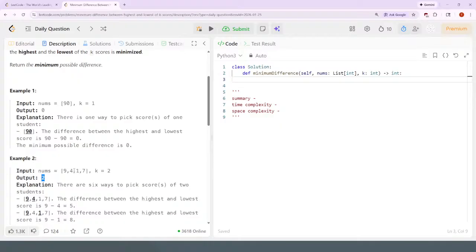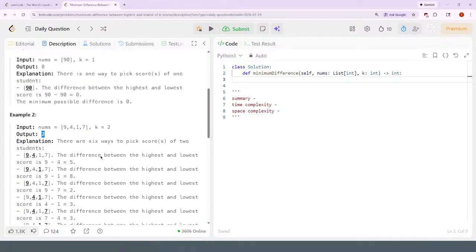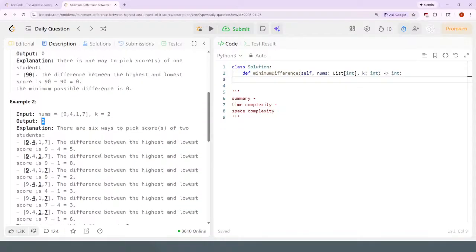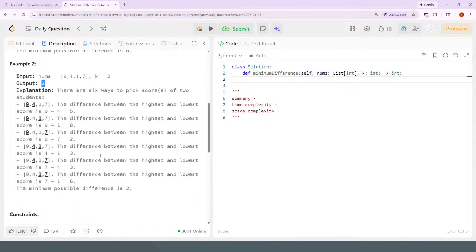So if k is 2, then looking at 1, 4, 7, 9, it's either 1 and 4, or 4 and 7, or 7 and 9 as the two scores that you would choose. Because obviously, if you want to minimize differences, then you just pick a cluster of sorted consecutive scores.